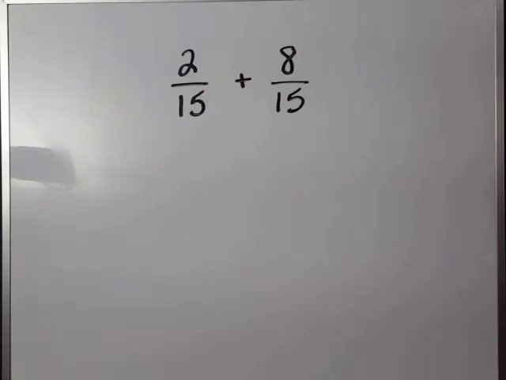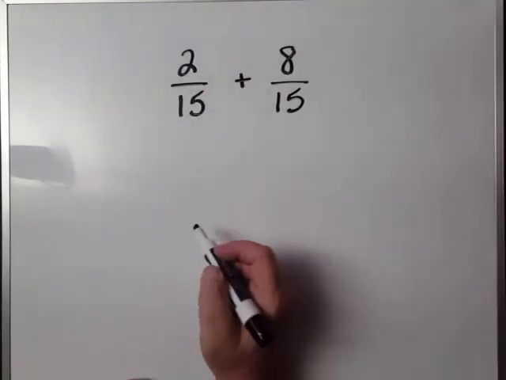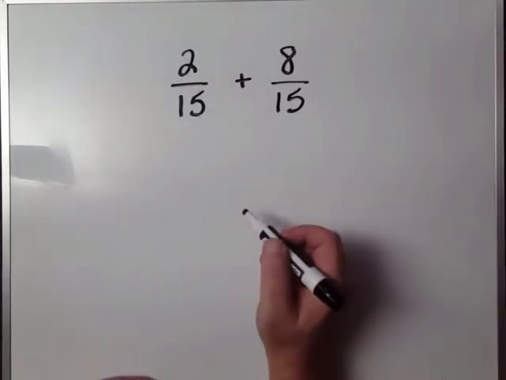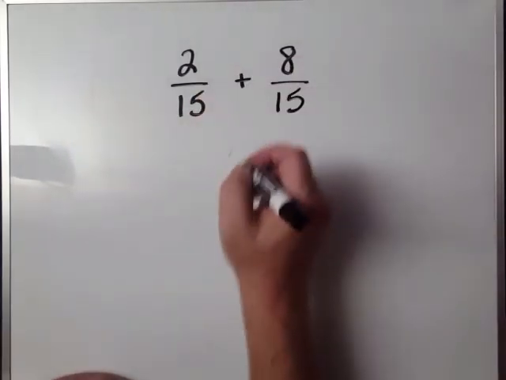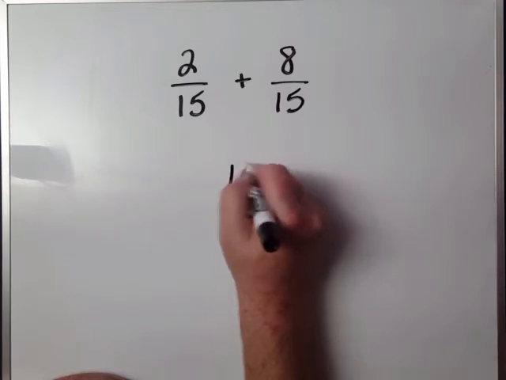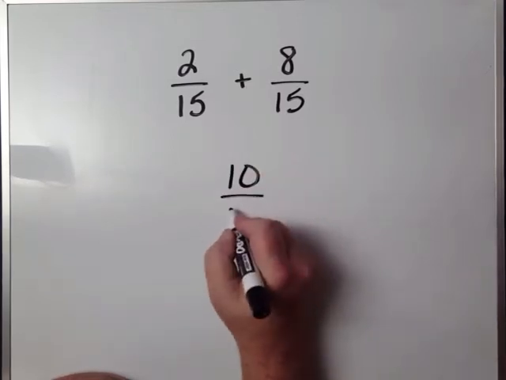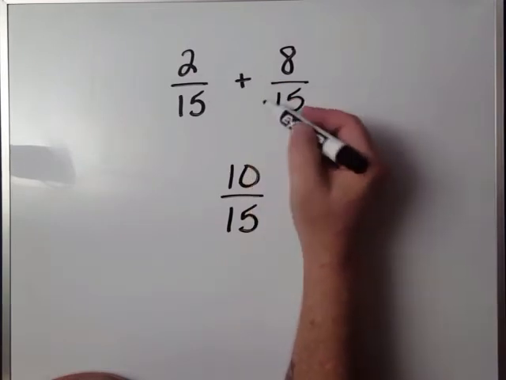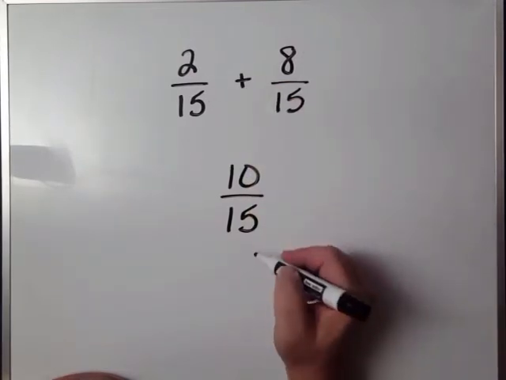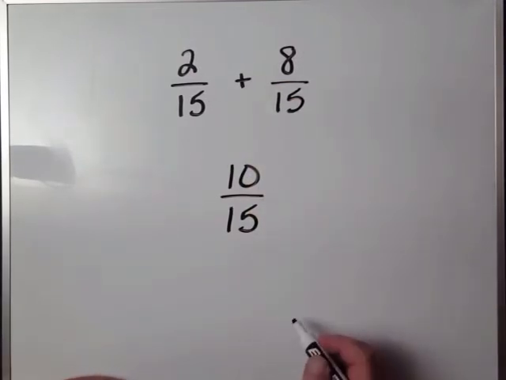Let's warm up with some fractions, just some plain numeric fractions. To add these two fractions that have a common denominator already, we add the tops. 2 plus 8 is 10, and write that result over this common denominator. In other words, 2 of them plus 8 of them totals 10 of them. 10 what? 10 fifteenths.